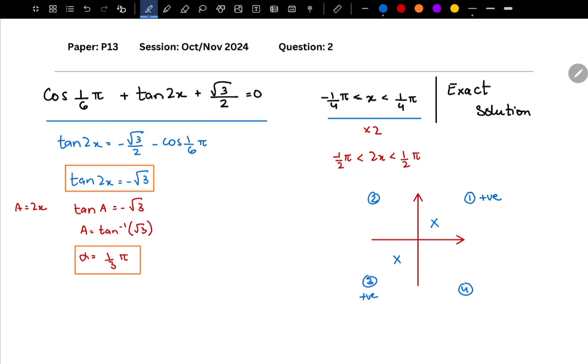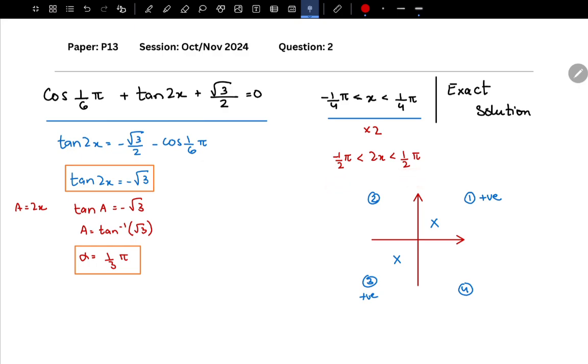Now if we look at our domain, we know that pi is equal to 180, so pi upon 2 will be equal to 90. So this basically tells us that it should lie between 90 and negative 90.